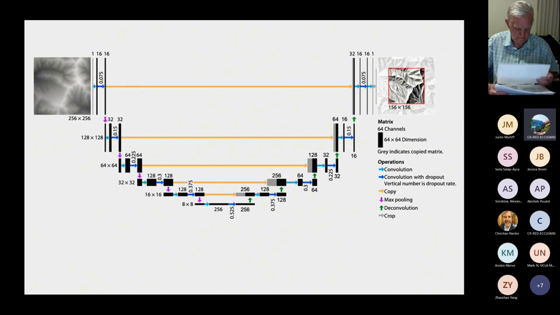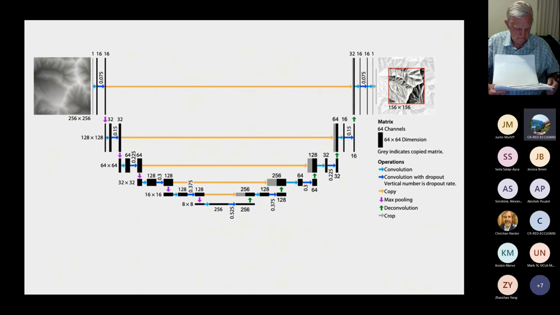And when you design these UNets, and we are using this type of UNet for all three problems, so coastlines, contour lines, and shaded relief, you have to choose the number of layers. In this case here, we have 4 or 5 layers. You have to choose the matrix size and dimensions and various other parameters, but the general architecture is always the same.